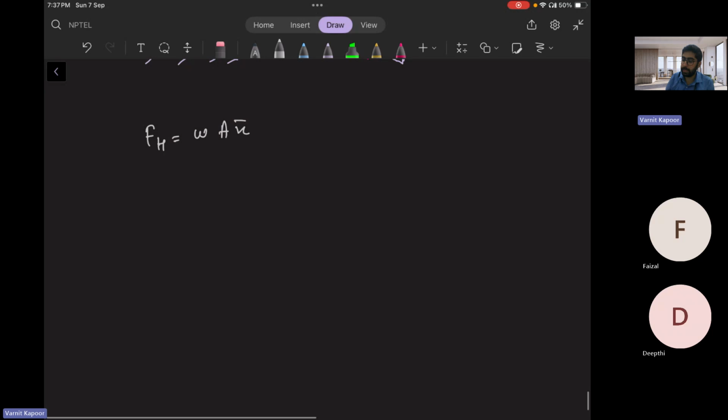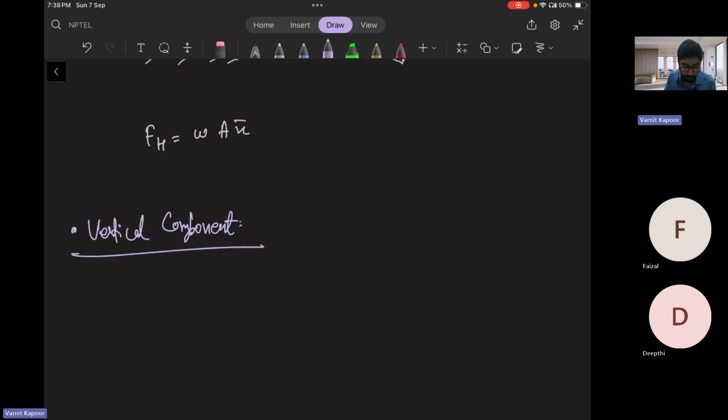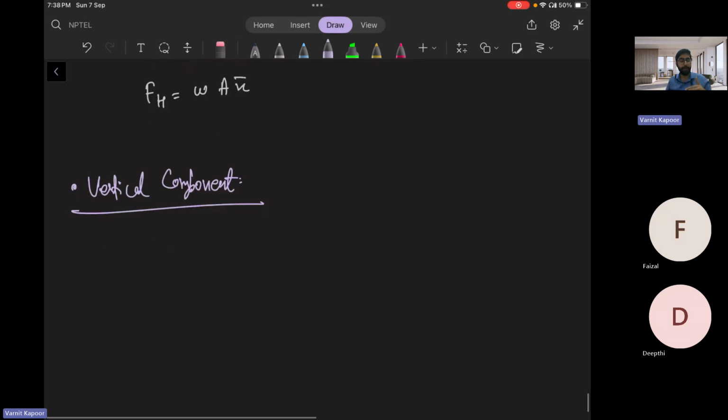Now coming to the vertical component, it is the weight of the liquid column above the curved surface up to the free surface, and its point of application is the center of gravity of the corresponding volume.